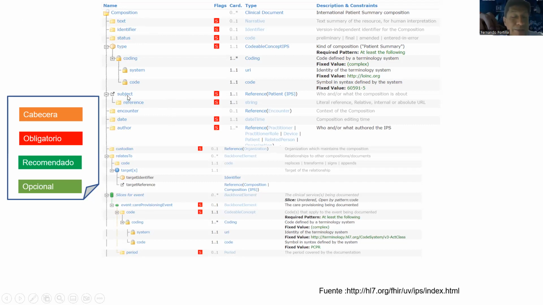The type of document, the subject, this would be the patient, the author, the custodian, but also here at the bottom, we have other sections which can be from 0 to many.